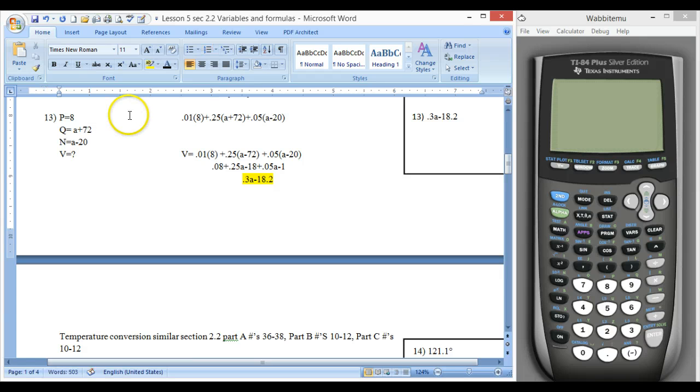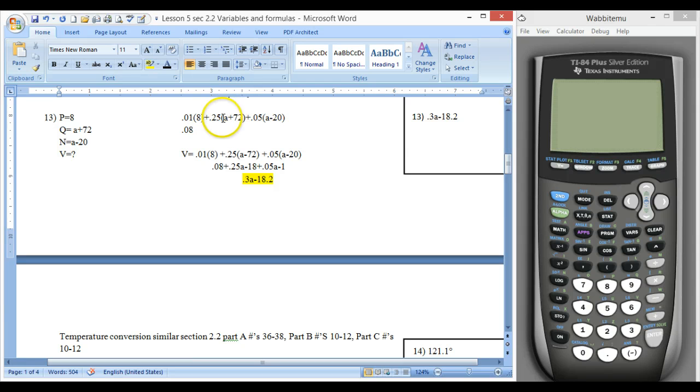Okay, so the next thing we need to do, 0.01 times 8, 0.08. Multiplying those together. Remember the order of operations. We need to do all of the multiplication first before we can add and subtract.